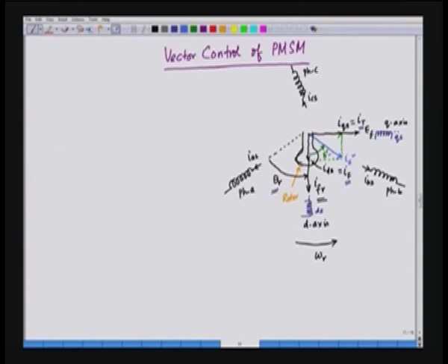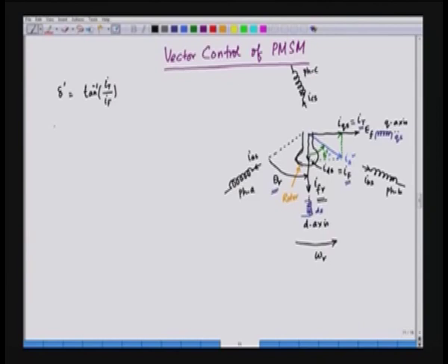So, how do we calculate delta prime? Delta prime is calculated once we know what IT and IF are. We can calculate delta prime as tan inverse of IT by IF, and we also need the magnitude of IS.